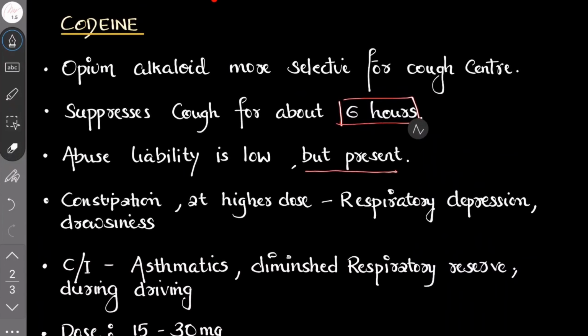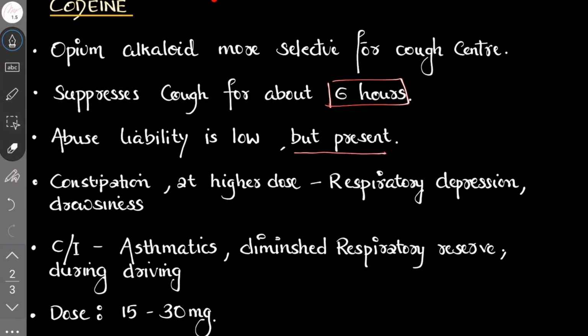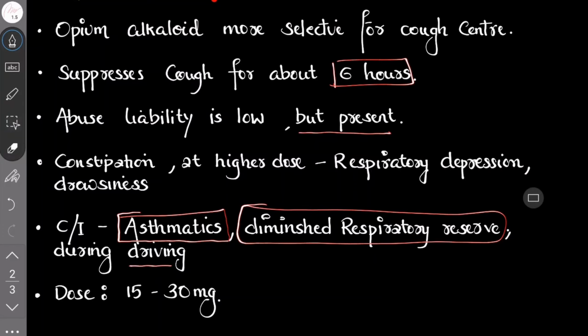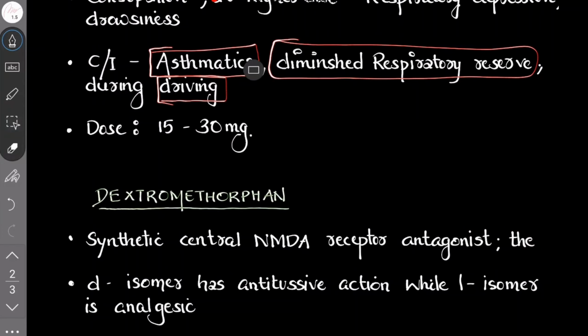The side effects of codeine: it can cause constipation at higher doses, respiratory depression, and drowsiness. So it's strictly contraindicated in asthmatic patients, because it can cause respiratory depression and drowsiness in patients with diminished respiratory reserve, and you are not to take this medication while driving. The dose is 15 to 30 milligram.